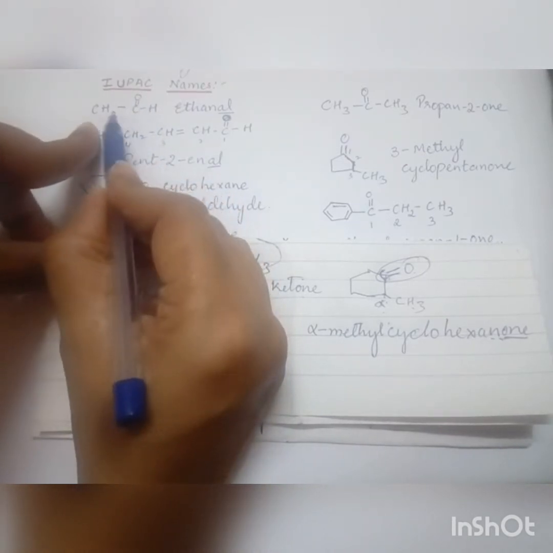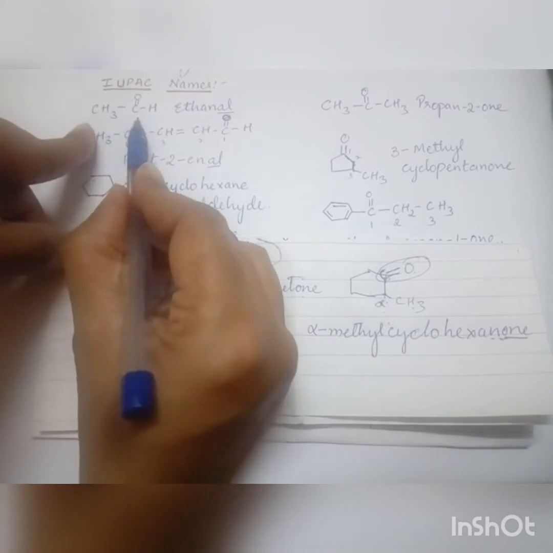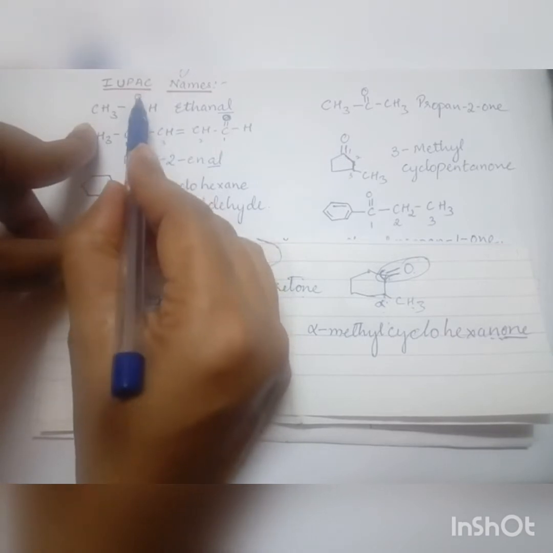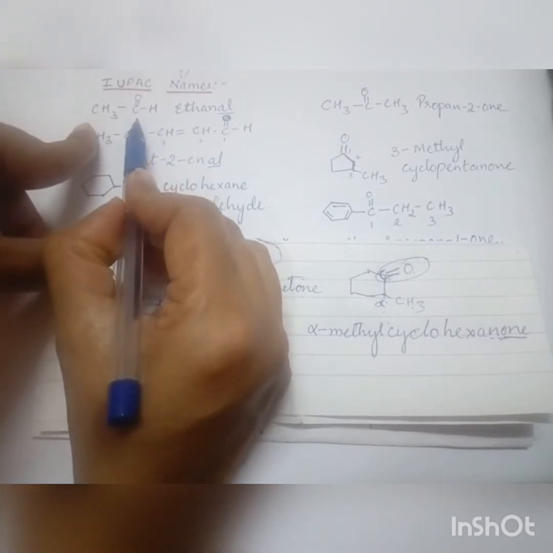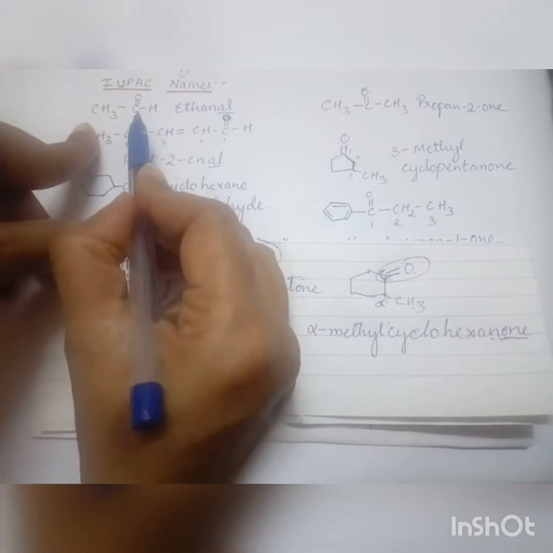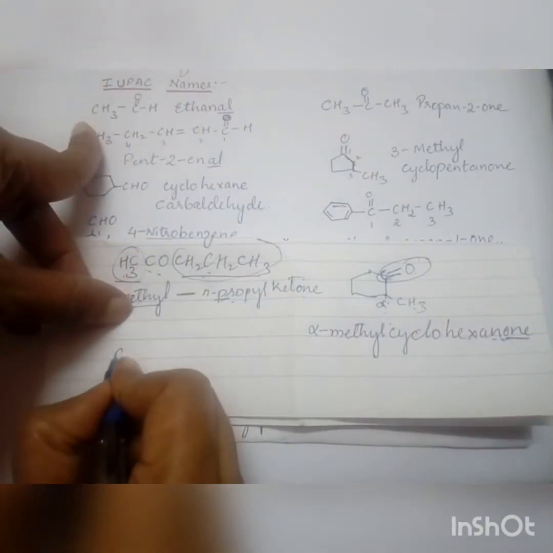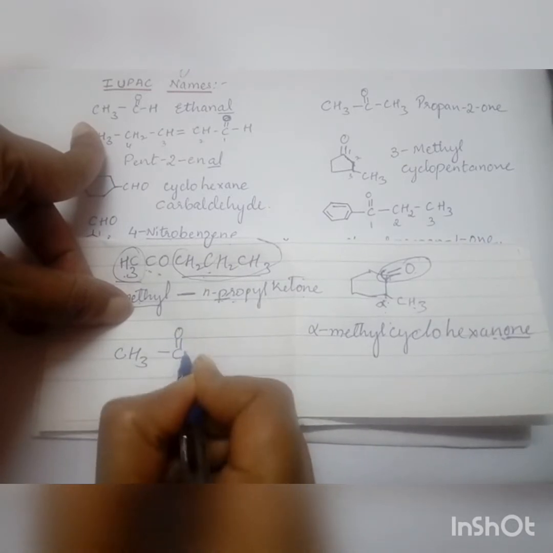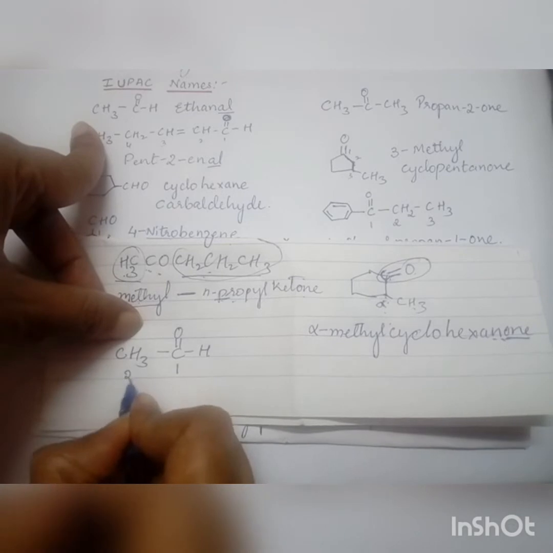In this case, first consider the number of carbon atoms in the longest chain, including the carbon of the carbonyl group, that is the functional group. So here we have CH3 and C double bond O and H. This is one carbon, this is two carbon.